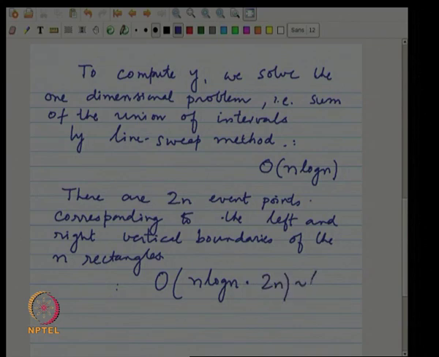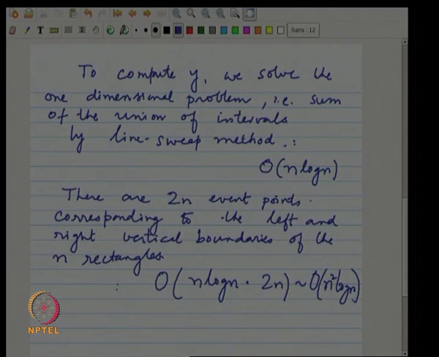It is pretty close to n square, let us say n square log n, right.